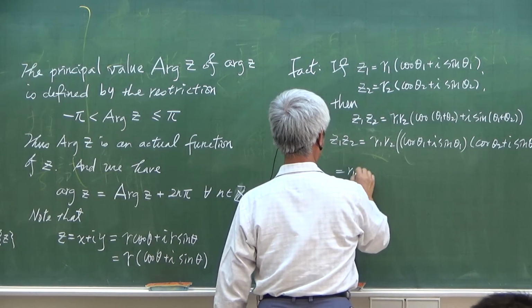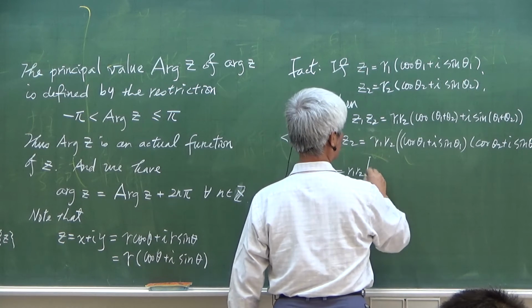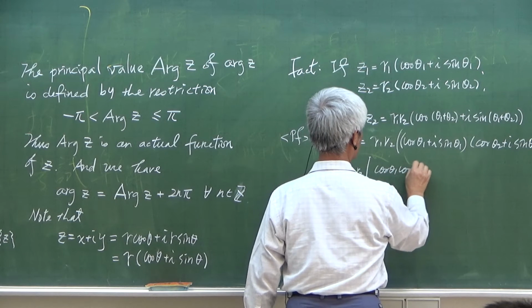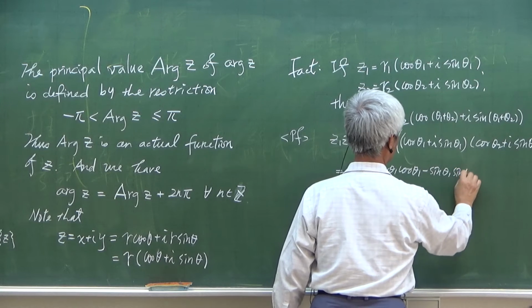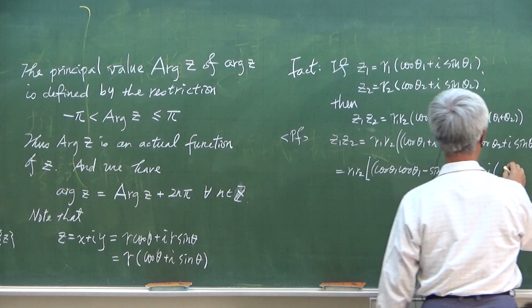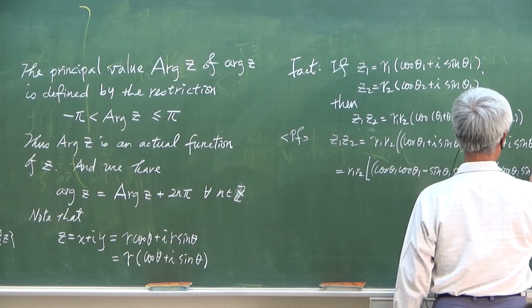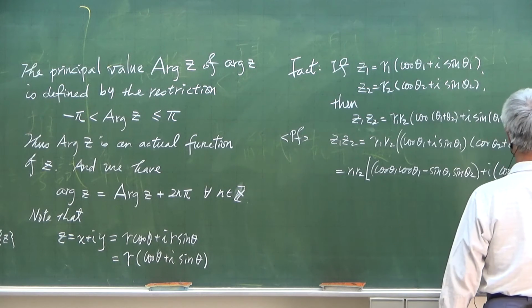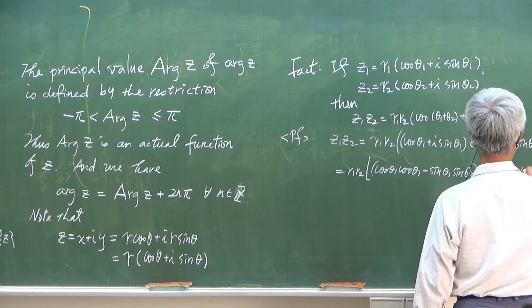Then you can have the real part, and the imaginary part. We have cosine theta 1 and theta 2 plus, I just write down theta 1.